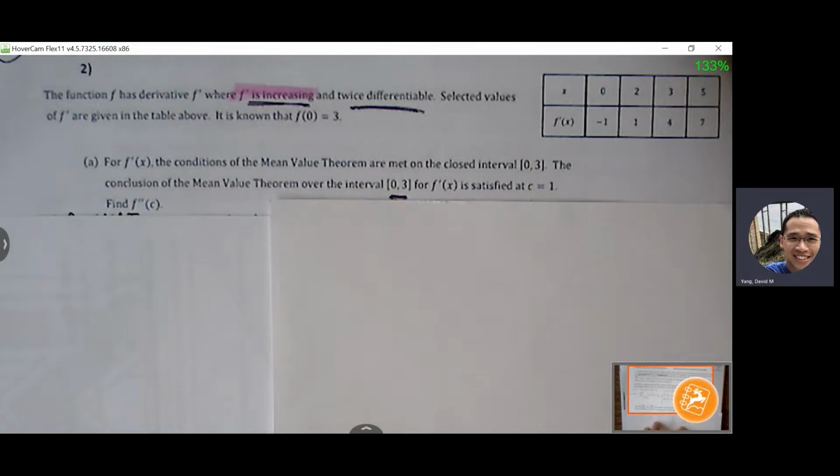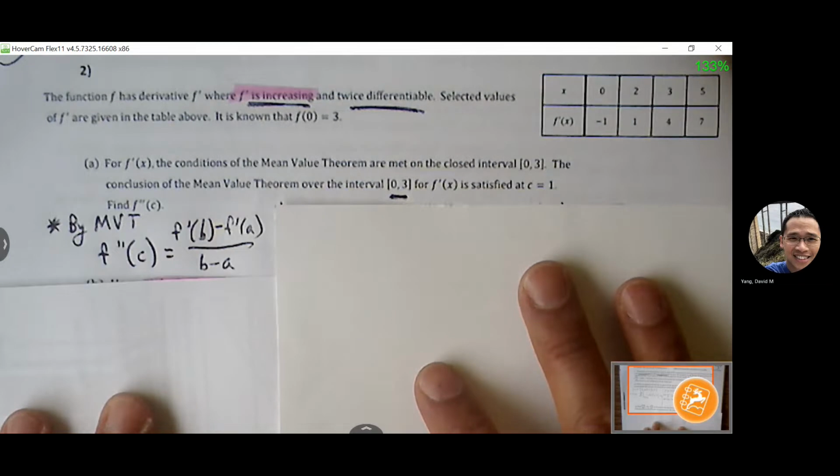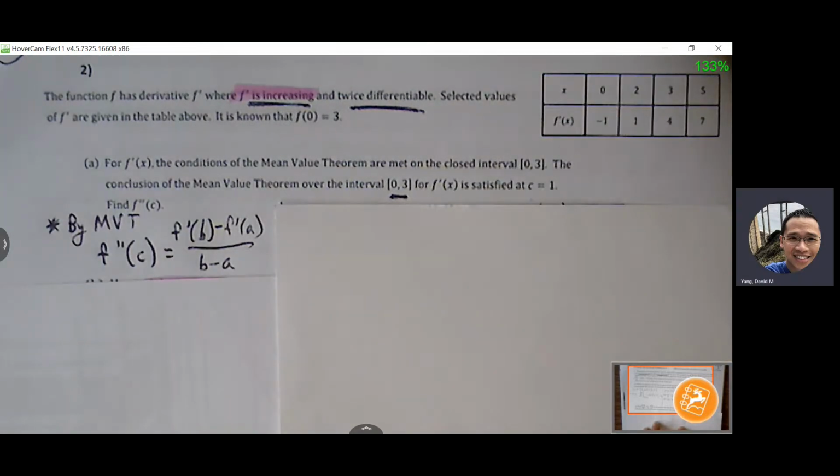So let's just go through mean value theorem, right? We can adapt it, shift everything one derivative down. Normally it's f of b minus f of a over b minus a, but we're just going to shift everything down one derivative.